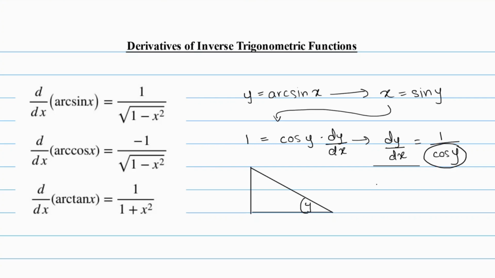We know that sin y is equal to x from over here. Sin y is opposite over hypotenuse, so this is equal to x, and the hypotenuse is equal to 1. That means the adjacent side is the square root of 1 minus x squared.